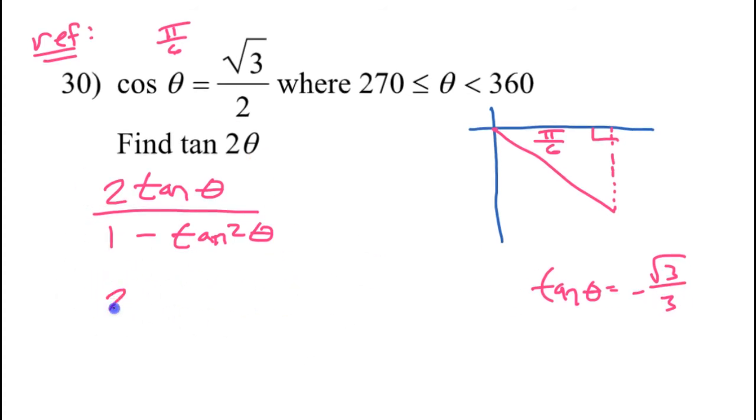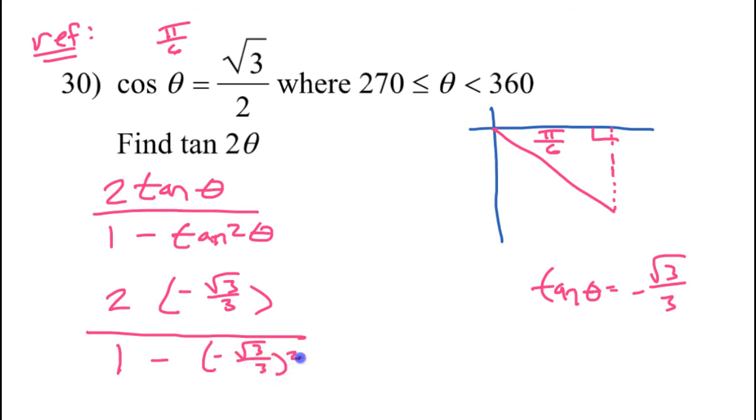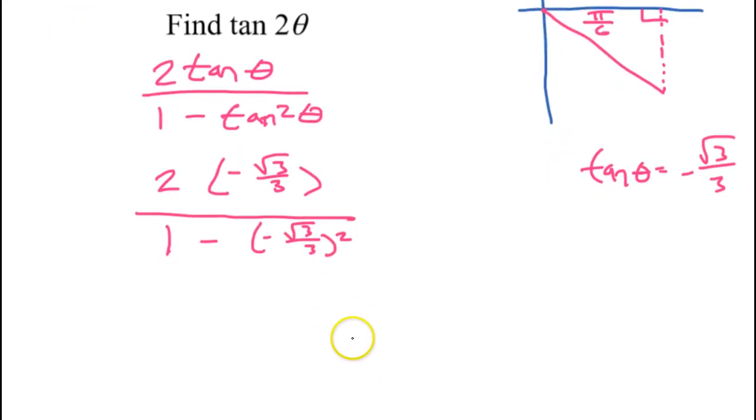So I'm going to do 2 times negative radical 3 over 3, and then 1 minus negative radical 3 over 3 squared. It's just a matter of simplifying this down. In the numerator, I'm going to have negative 2 radical 3 over 3.